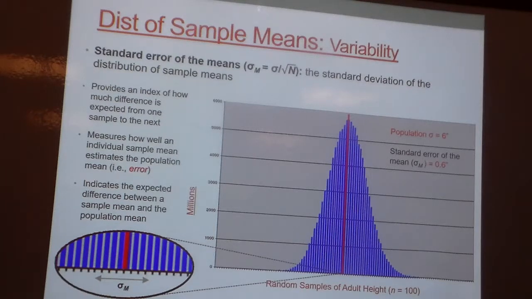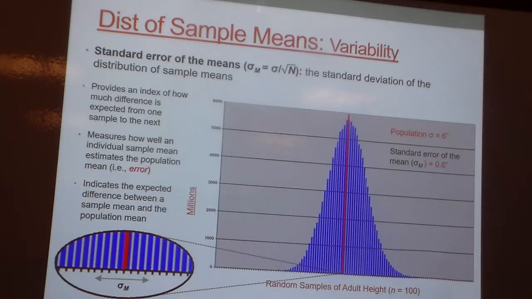Okay, that's pretty good, right? I'm expecting any random sample of 100 people that I would gather, assuming it's randomly selected, on average, to have a mean about half an inch away from the true population mean.